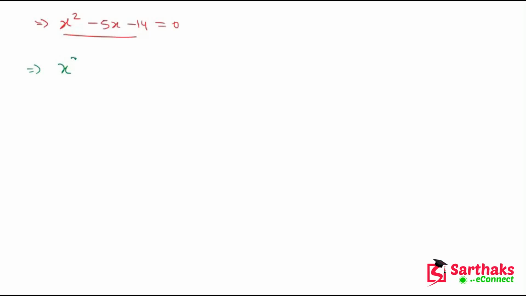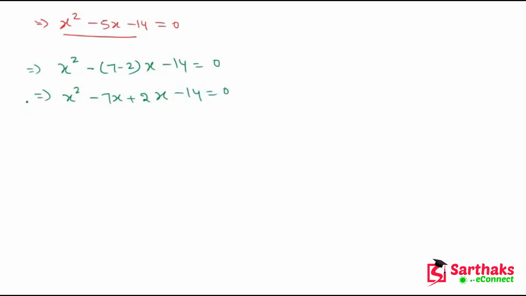Here you can see 7 minus 2, because 7 into 2 is 14, and 7 minus 2 gives 5. So this becomes x square minus 7x plus 2x minus 14 equals 0.